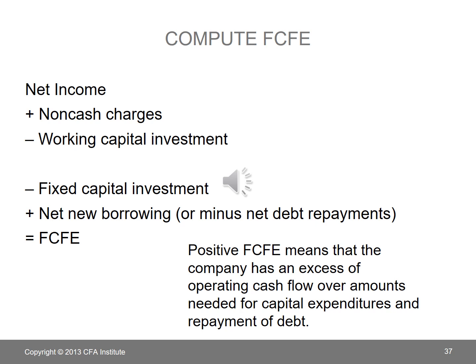Now, a positive free cash flow to equity means that the company has an excess of operating cash flow over amounts needed for capital expenditures and repayments of debt. This cash would be available for distribution to the owners or the investors.